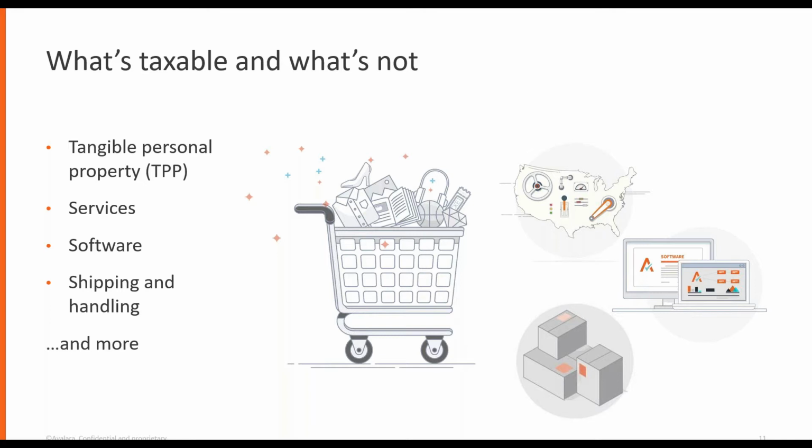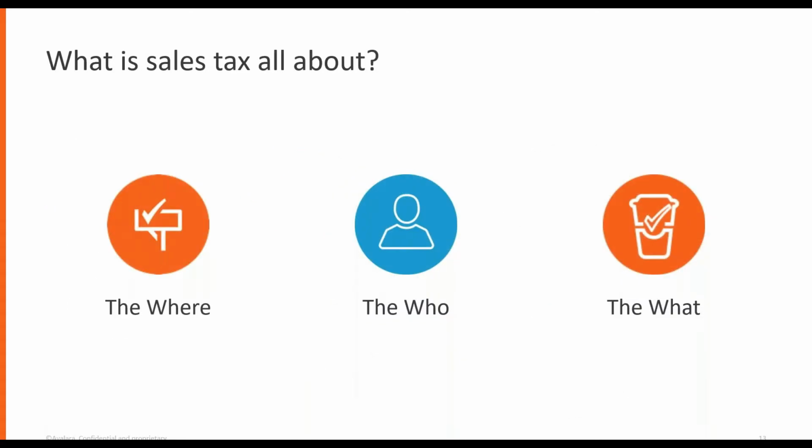What do you do about shipping and handling? How is that taxed in a state? And is it the same in every state? And I'm sure you all know the answer is no, it's not the same. They can be taxed quite differently. And so it depends on ship from, ship to, which state has the laws there.